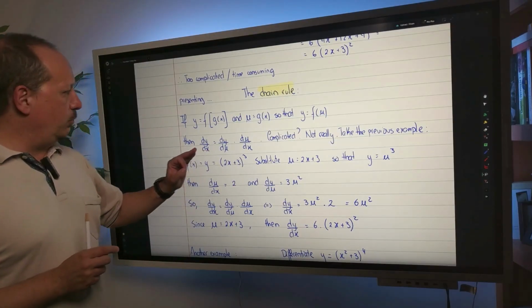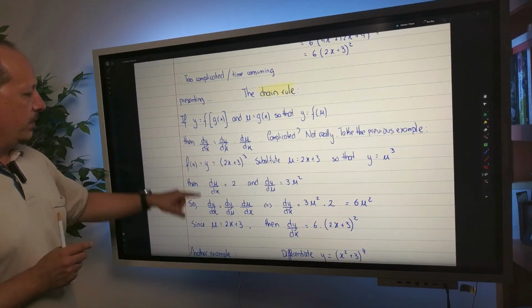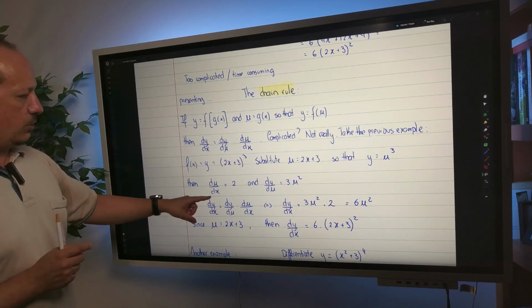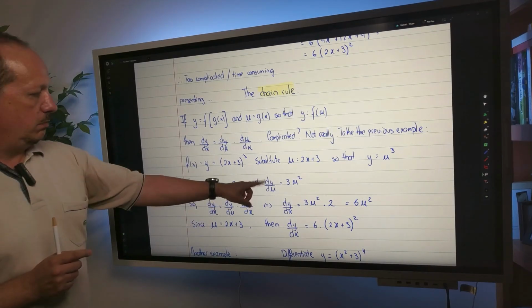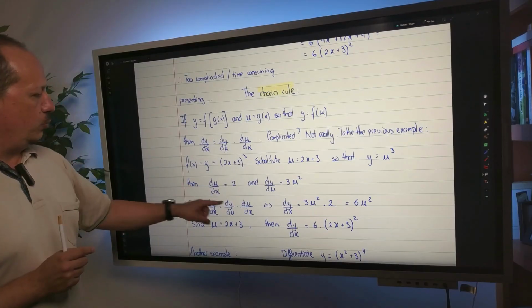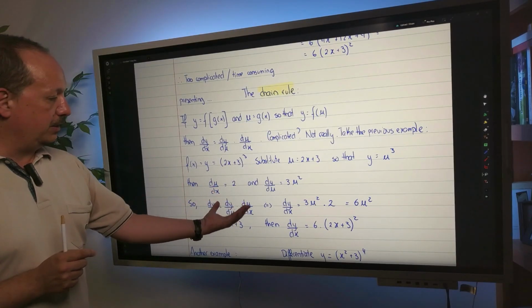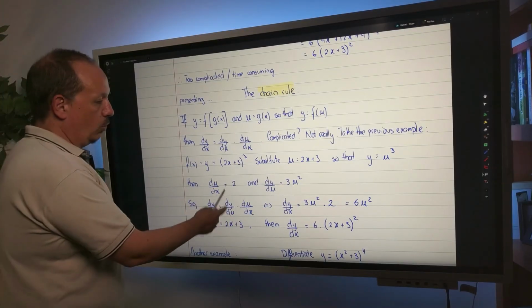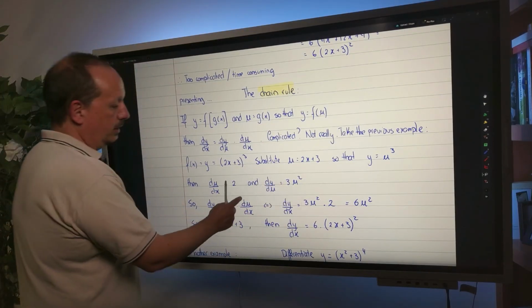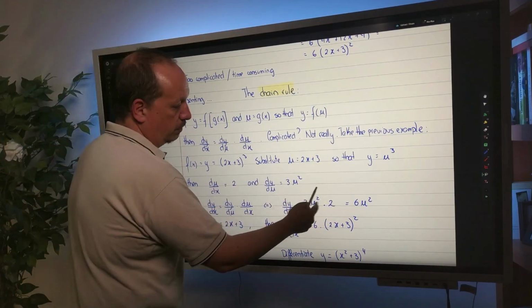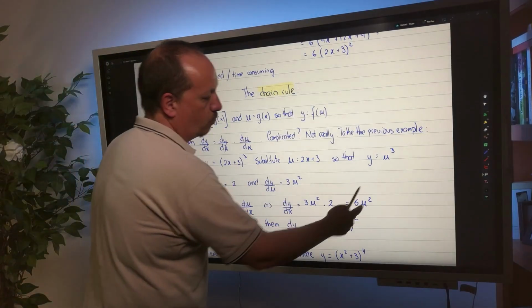What do you want to begin with? You want dy by dx. So what is dy by dx? That's going to be dy by du times du by dx. What are we talking about in this specific case? dy by du is 3u squared. du by dx is 2. So this is what? This is 6u squared.